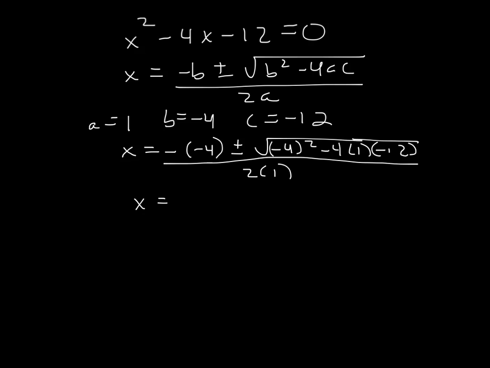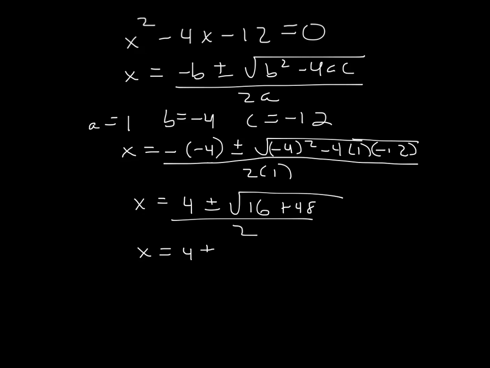So x equals positive 4 plus or minus square root 16 plus 48 all over 2, which is x equals 4 plus or minus 64 over 2. And normally we would just leave it like that. We were talking about that on the last lesson, that whatever that square root is, it is what it is. We just leave this as our exact answer to the problem.